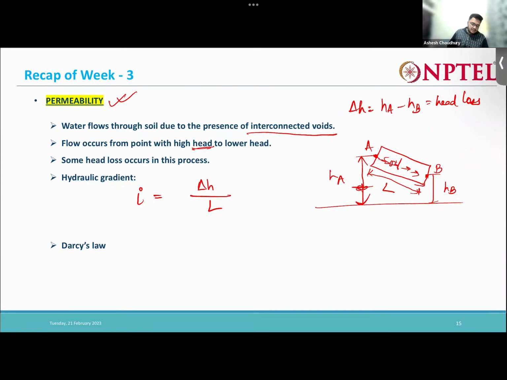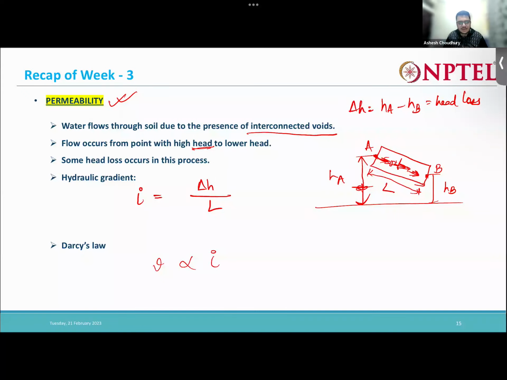Now let us come to Darcy's law. What Darcy's law says is that the velocity of flow of water is proportional to the hydraulic gradient. While water flows from a higher head to a lower head, there is some head loss.